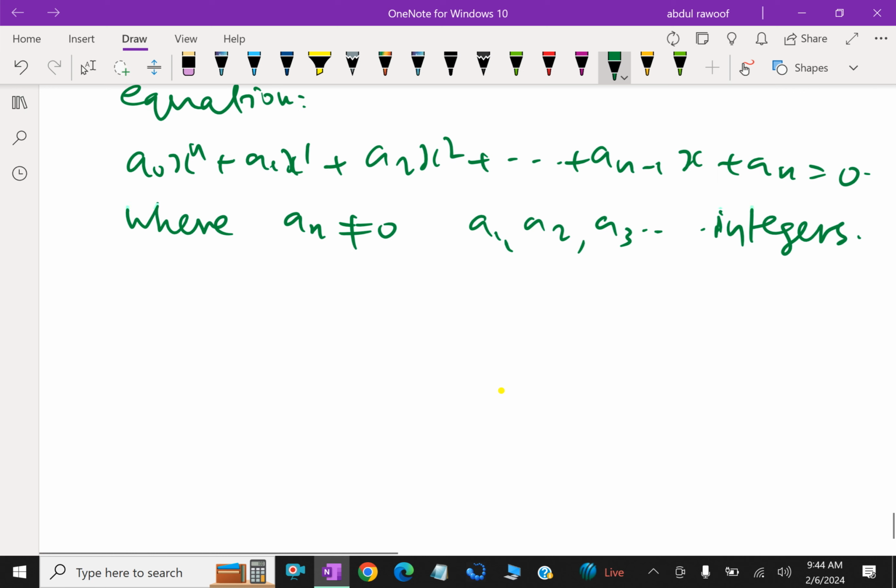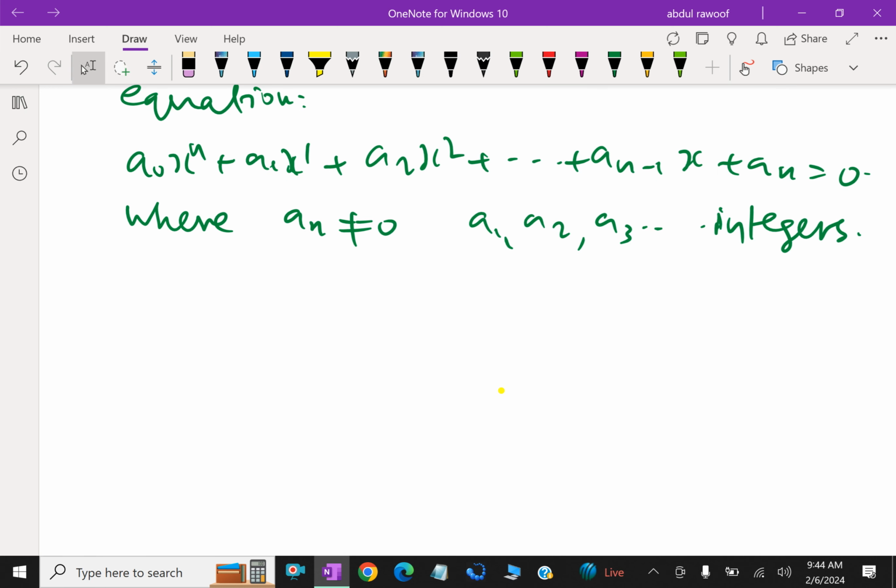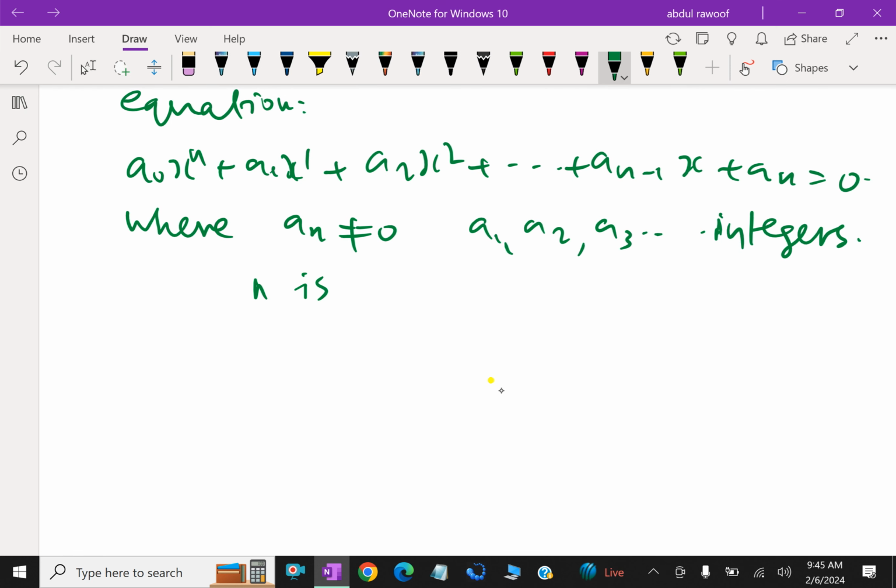This is called a polynomial equation, where n is the degree of the polynomial equation.